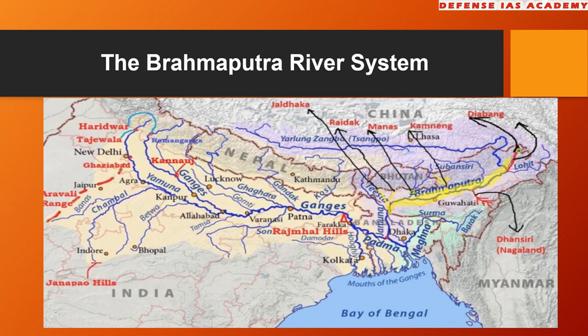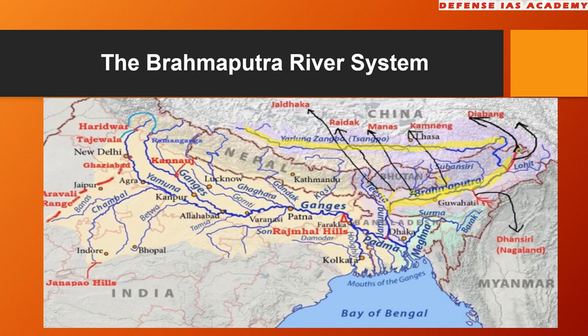It originates from the Manasarovar lake, where even the Indus and the Satluj get their waters. Then it flows parallel to the Himalayas in the eastward direction.